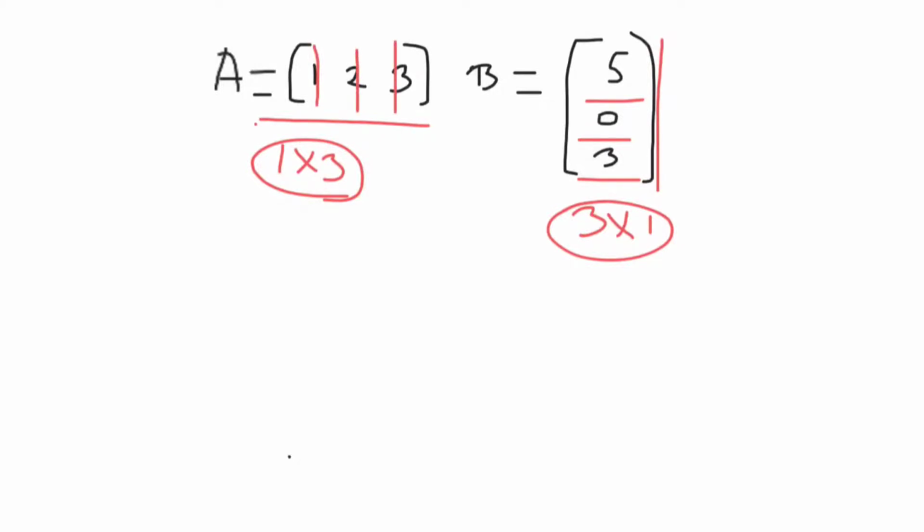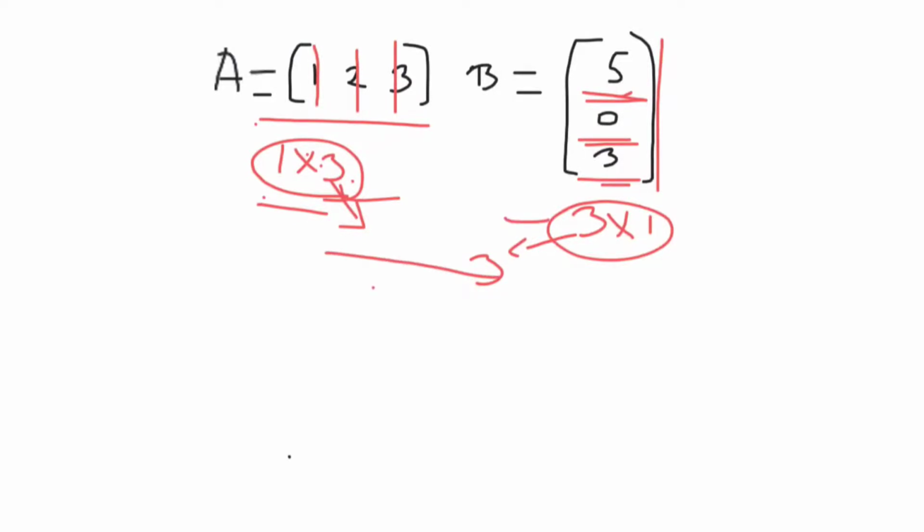And the number of rows in matrix B is also 3. This is first row, second row, and third row. You can see here also, this is a 1 by 3 matrix, so the number of columns is equal to 3, and this is a 3 by 1 matrix, so the number of rows is also equal to 3. Since the number of columns in matrix A and the number of rows in matrix B are equal, matrix multiplication is possible.